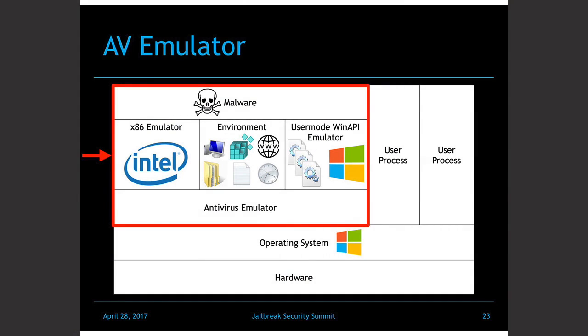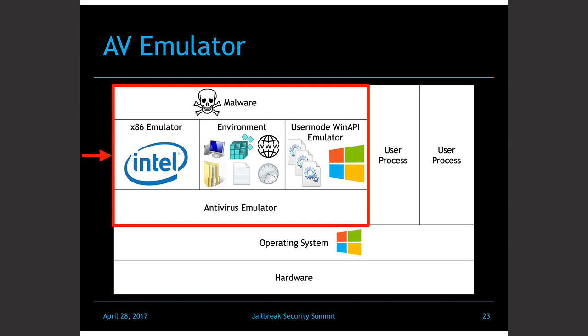And those are going to have an environment built alongside the emulator. So when you do a call like, what processes are running on the system, or enumerate files on someone's desktop, they're going to have a fake file system, a fake process listing, and so forth. So again, this whole area in the red box is all pretty opaque to you as the end user.